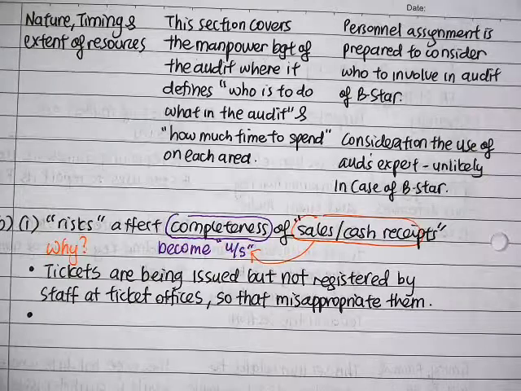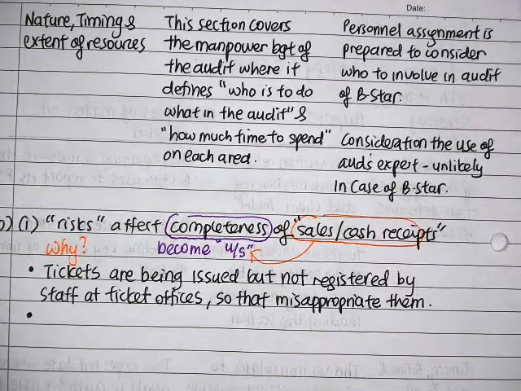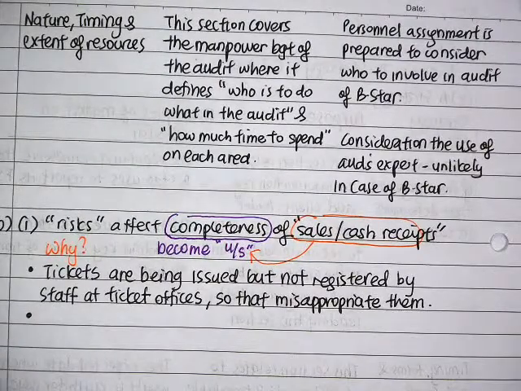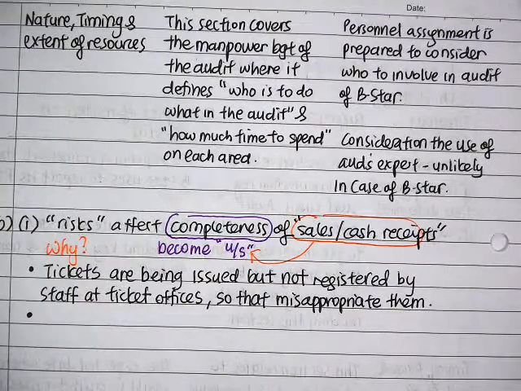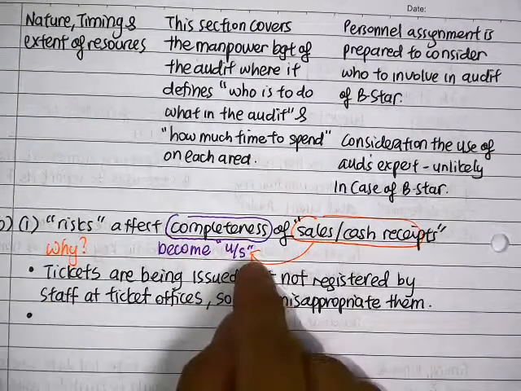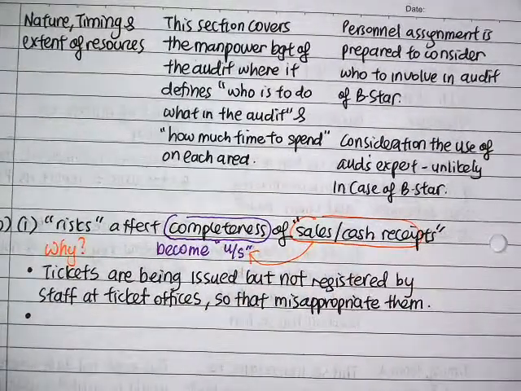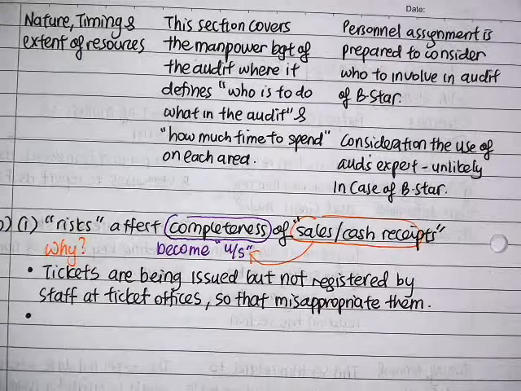Okay, now think of other risks. Don't use audit, use normal common sense. This is a business. What problem do you believe will cause sales to not be recorded? Think like that.